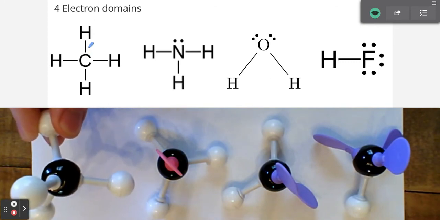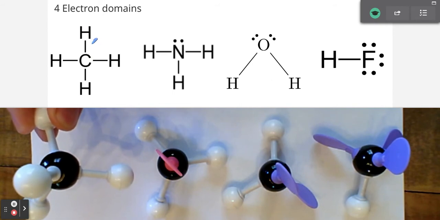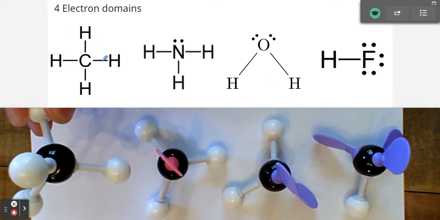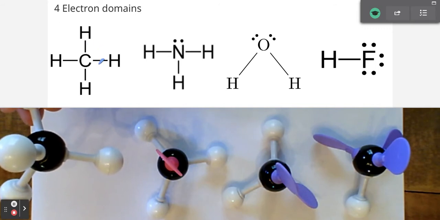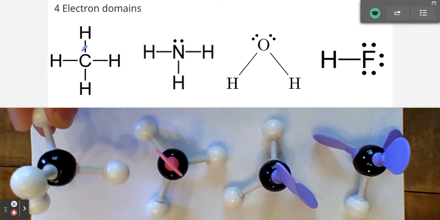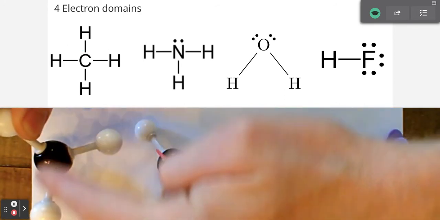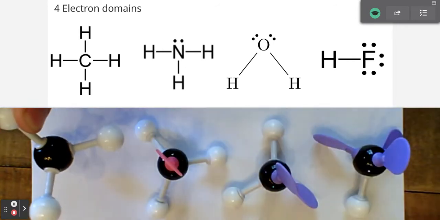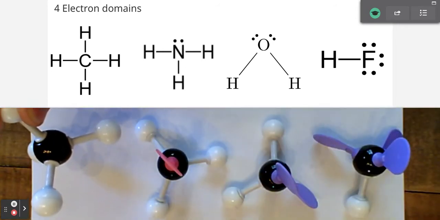And so although this looks flat here on the screen, and it looks like, oh, if there are 360 degrees around, then each angle should be about 90, 90 here, 90 here, 90 here, and 90 here. It's not the case. Just looking hydrogen to carbon to hydrogen, it looks bigger than a right angle. It looks bigger than 90 degrees.